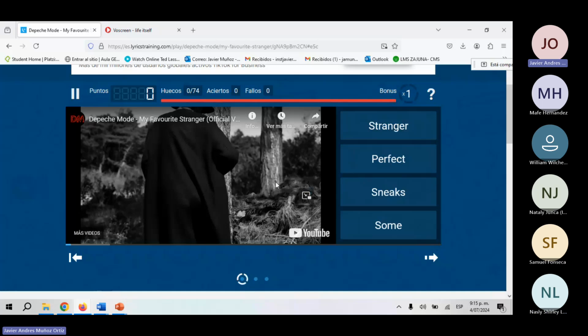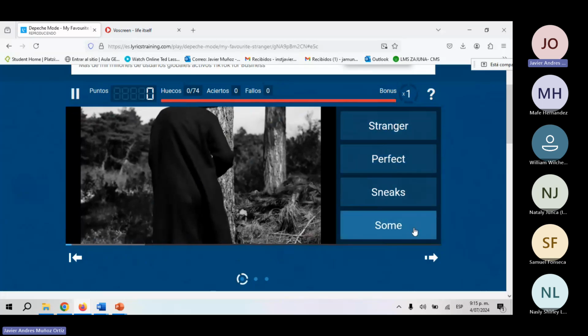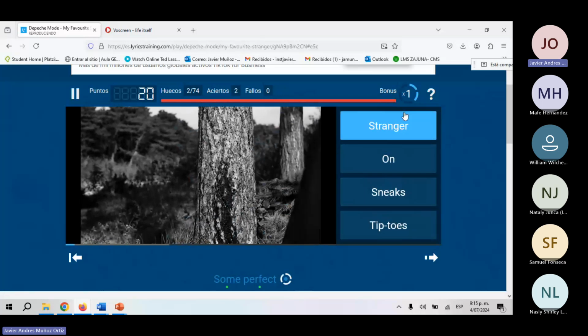Don't worry. So, in this case, you are going to listen to the song, and your objective is to choose the words that you are going to listen in the song. Entonces, so in my case, I already know the song, Some Perfect Stranger.